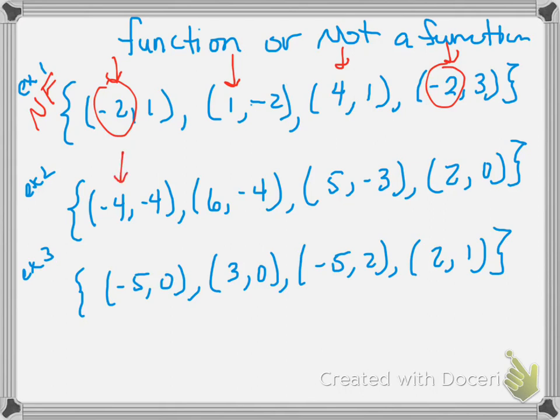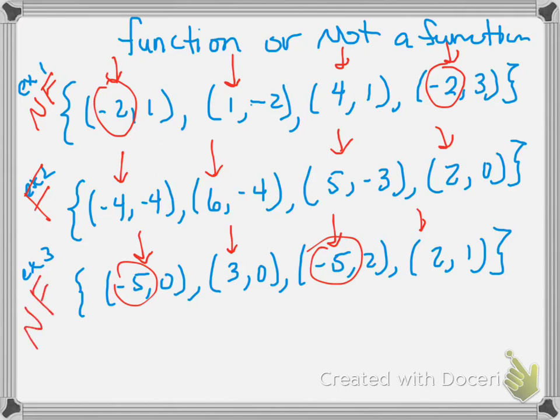Again, look at the first one. Do any of these repeat? I don't see anything, so I assume this is a function. Example 3. Is it a function or not a function? Well, if you look at the beginning again, see if any of these numbers repeat, and you can see -5 and -5, so that is not a function.